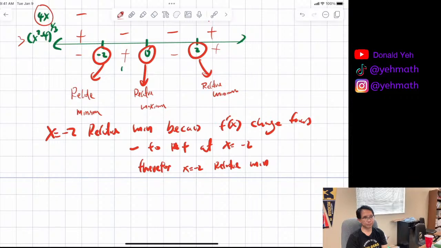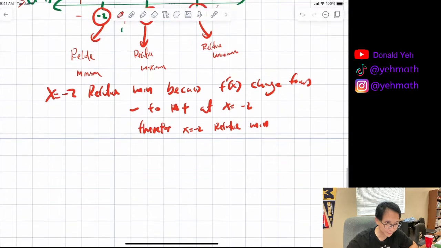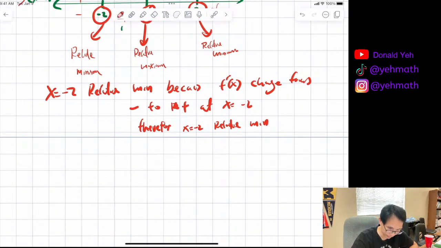So we're going to do a couple of interesting ones. This is a very difficult one: f of x is equal to x to the fourth plus 1 over x squared.